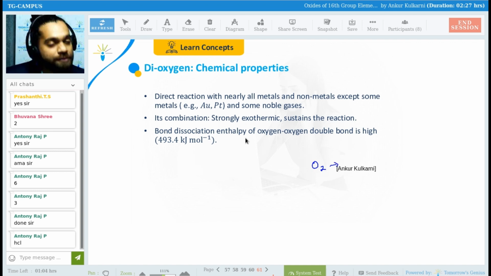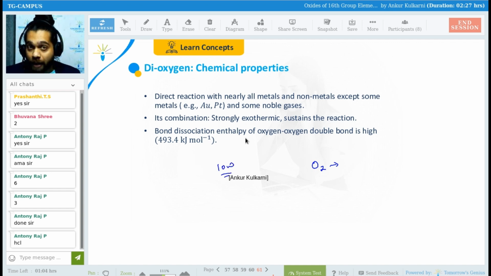It is slightly polar, because you have two same elements attached to each other, so you can consider it as non-polar also. So the solubility is low.